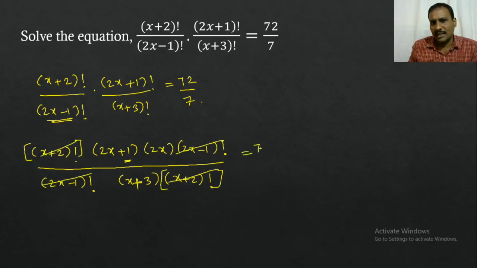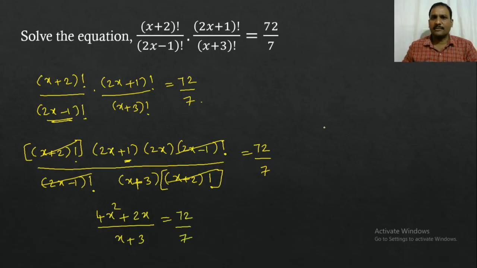So what is remaining here? That is (2x+1) into 2x, that is (4x² + 2x) by (x+3), is equal to 72 by 7.